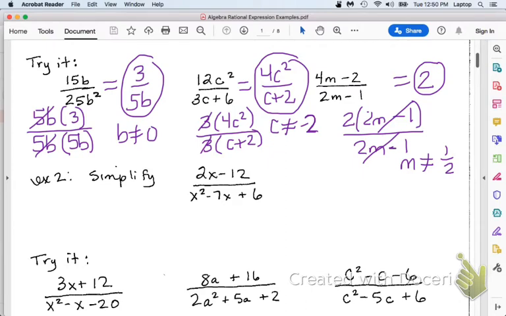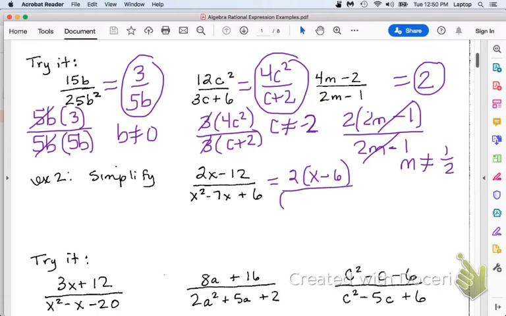We will be factoring trinomials again. So if you need to brush up on that, it was chapter 7. When the leading coefficient is 1, it makes it a little bit easier because we're looking for the factors in the denominator here, positive 6 that will sum to a negative 7. And if I look at the numerator, I see that I have a factor of 2 that I can cancel out. So 2, and then I'll have x minus 6.